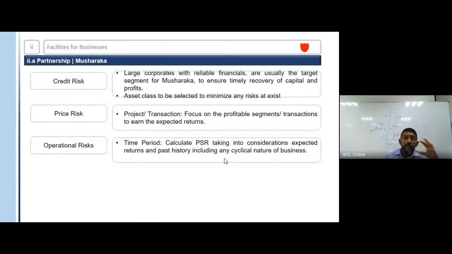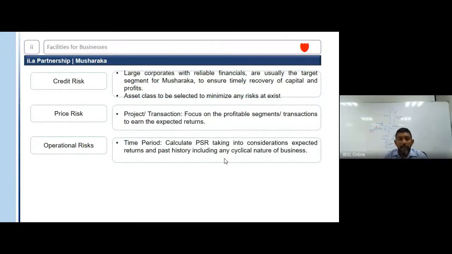So having explained that, we say three things when it comes to Musharaka. Choose the right customer, choose the right project even from the right customer, and choose the right timing. Right customer, right project or transaction, and right timing.